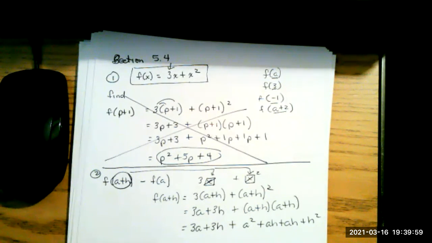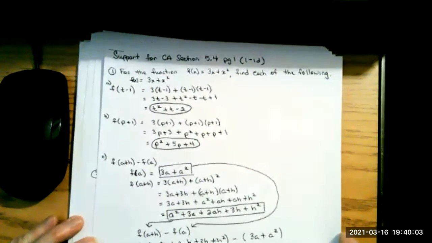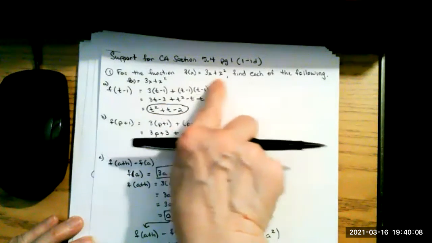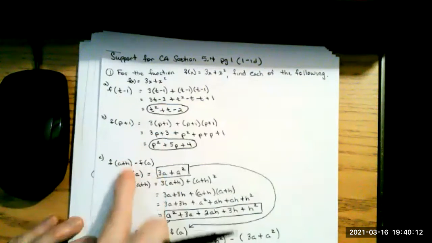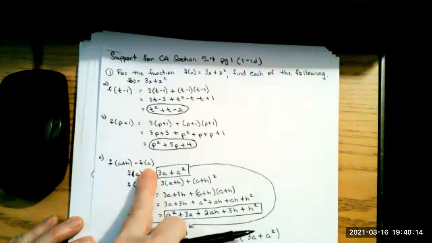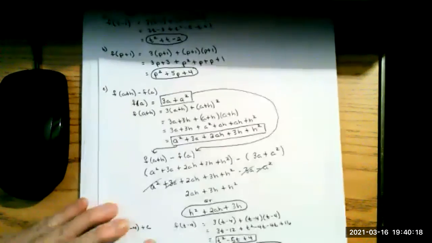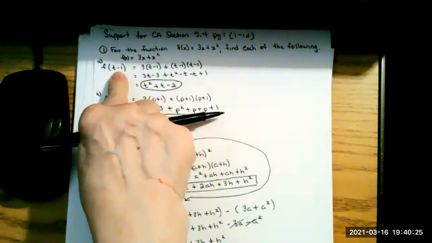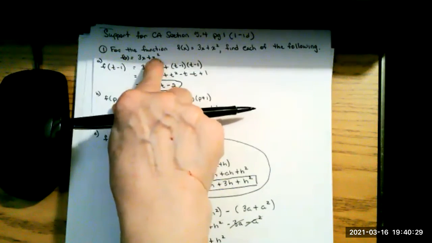Okay, I'm going to switch for just a second and show you what these look like. See, this is a function, and for this function, you're going to find f of t plus 1, f of p plus 1, f of a plus h minus f of a, f of t minus 4 plus c. See, these are 4 different problems that we're doing with the same function, and each time we're sticking whatever's in this parentheses in the x spots.